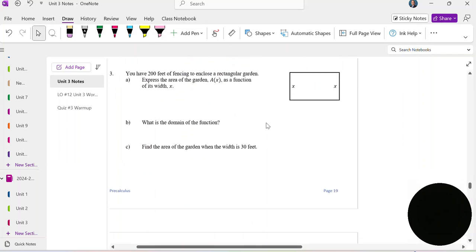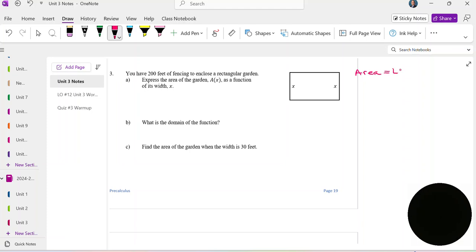All right, so you have 200 feet of fencing to enclose a rectangular garden. Express the area of the garden as a function of its width. So you have 200 feet. So remember, area is equal to length times width, right?